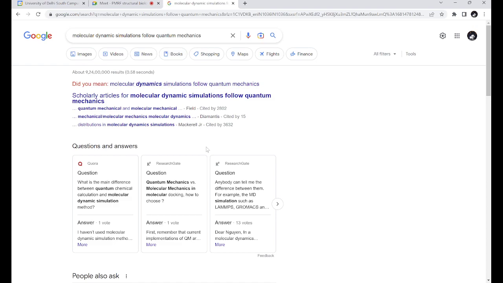But as far as I am aware, I don't have any evidence. As per my knowledge, molecular mechanics is running differently and quantum mechanics is different. Molecular dynamics simulation is different from quantum mechanics so far.